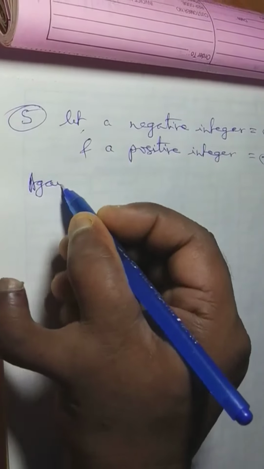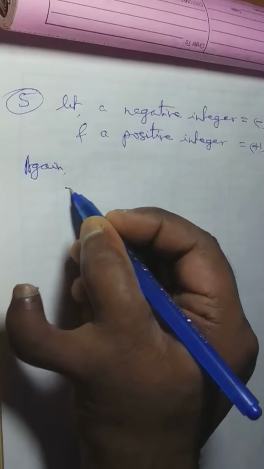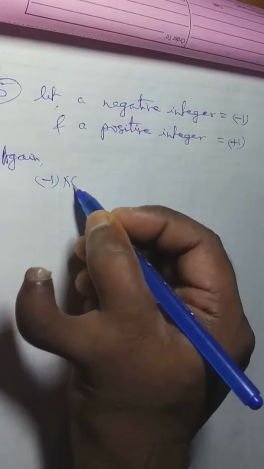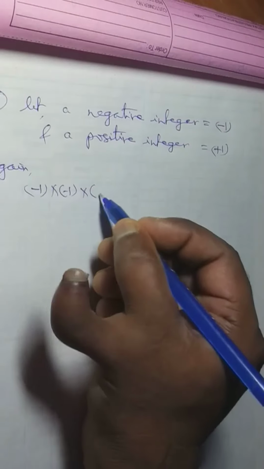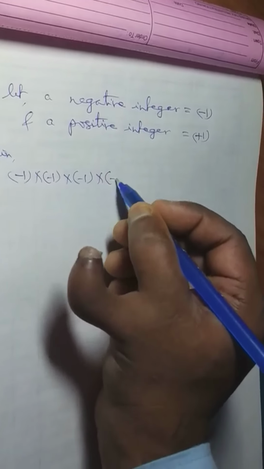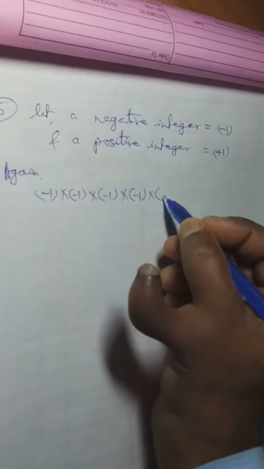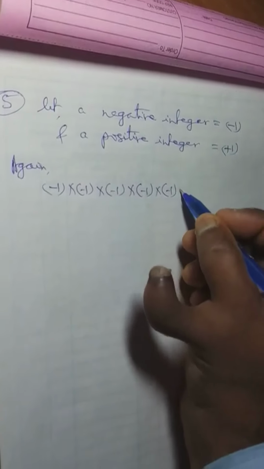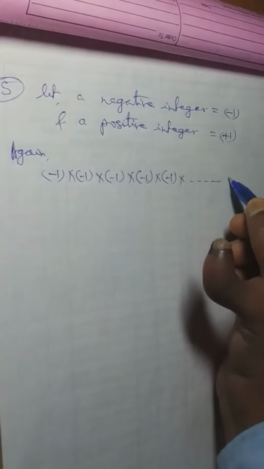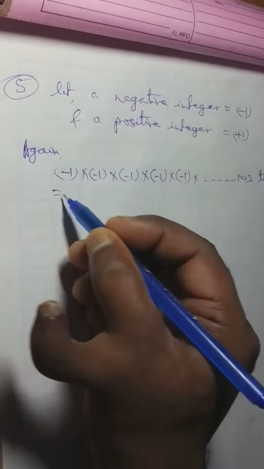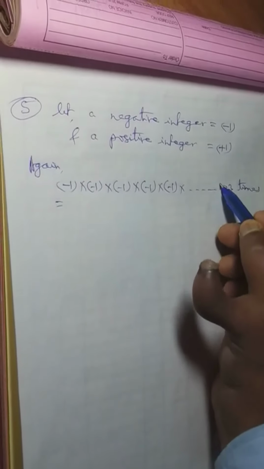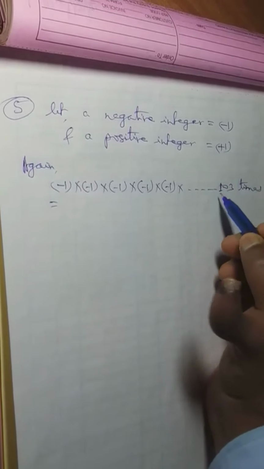Again, minus 1 into minus 1 into minus 1 into minus 1 into minus 1. How many times? 103 times. Here 103 is an odd number.